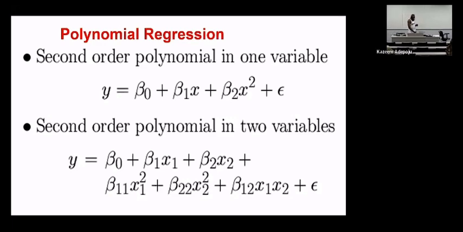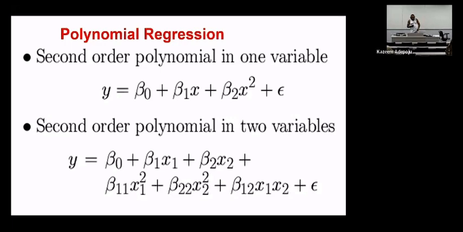So these two are both second order polynomials, except that the first one is a polynomial in one variable, and the second one is a polynomial in two variables.